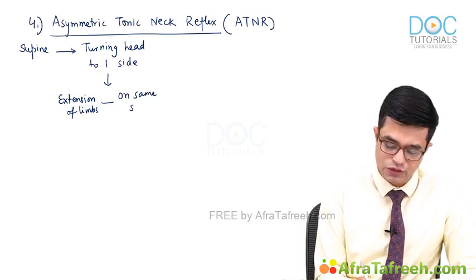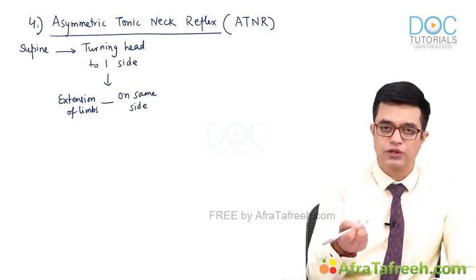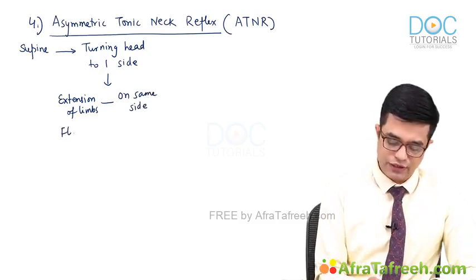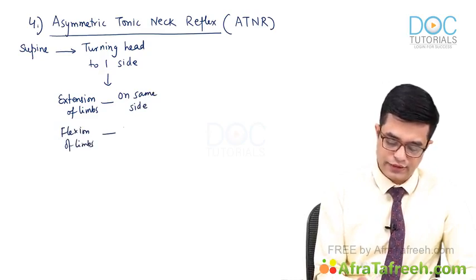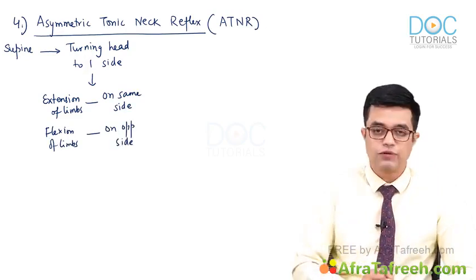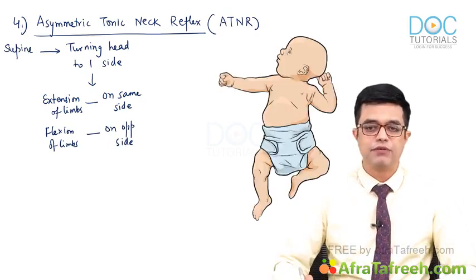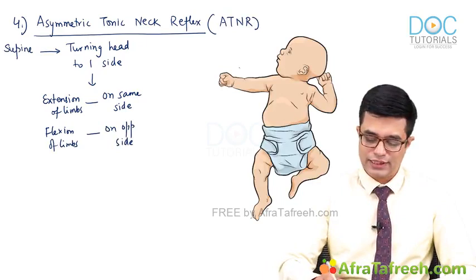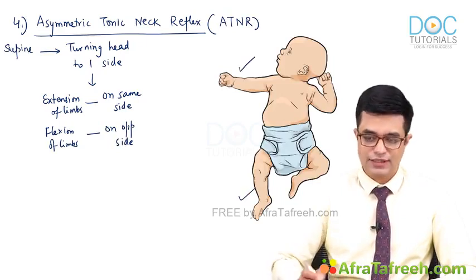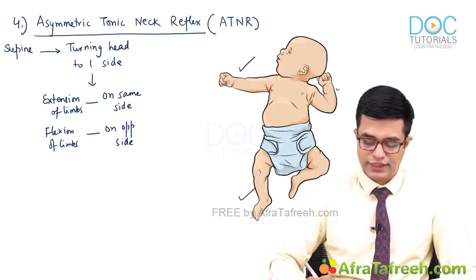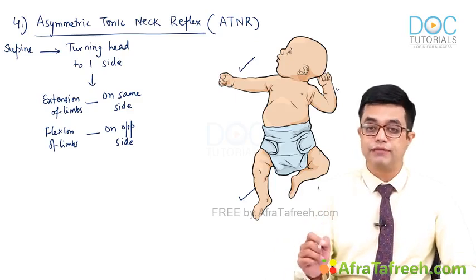If the neck has been turned to right, you will have extension of limbs on the right side, and flexion of the limbs will occur on the opposite side. So if I have to show you a picture, which reflex has been performed here? On turning head to one side, can you see that there is extension of limbs on the affected side and flexion of limbs on the other side? This is asymmetric tonic neck reflex.